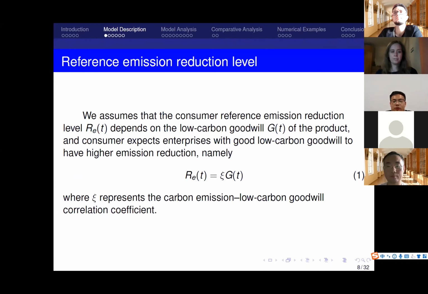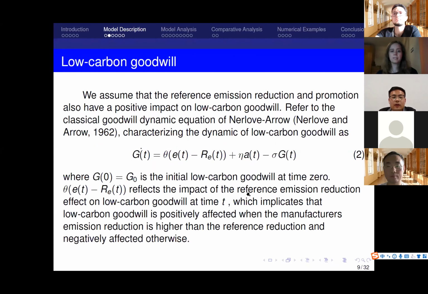We assume that the consumer reference emission reduction level, R(t), depends on the low carbon goodwill, G(t), of the product, and consumers with good low carbon goodwill have higher emission reduction expectations. Namely, this equation: R(t) equals k_c G(t). The k_c represents the low carbon goodwill correlation coefficient.